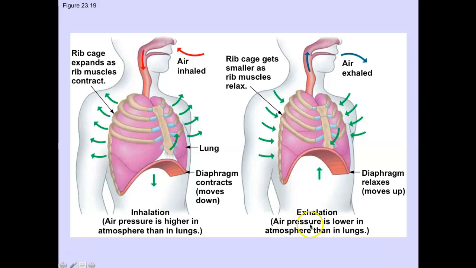Air pressure is high here compared to the outside, where it's low. So the air is going to want to move to low pressure, that negative pressure, and it's going to move out. So when we breathe, it's really this relationship between the size of our thoracic cavity, the volume, and the pressure inside of our thoracic cage versus the pressure in the atmosphere.